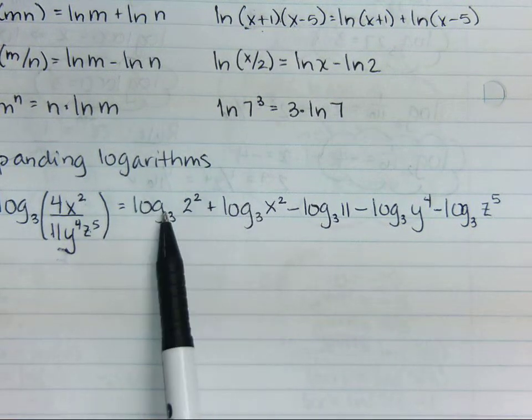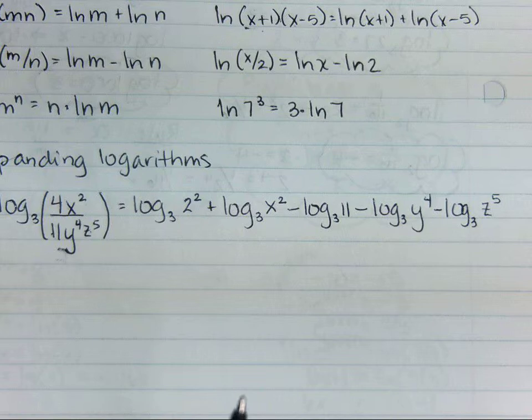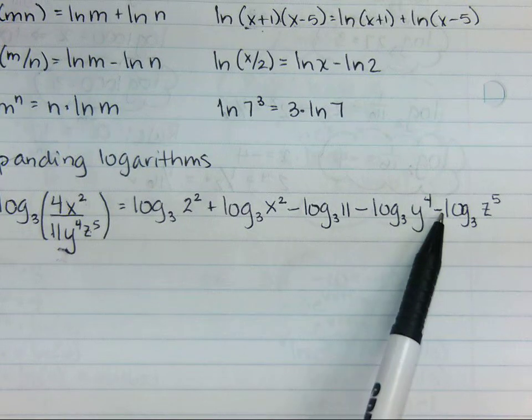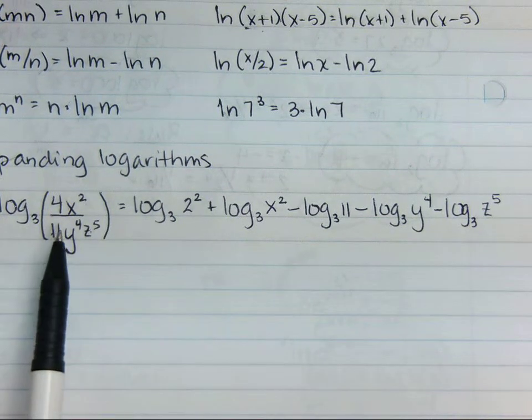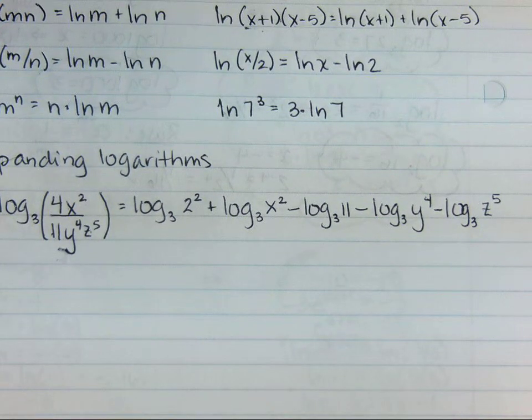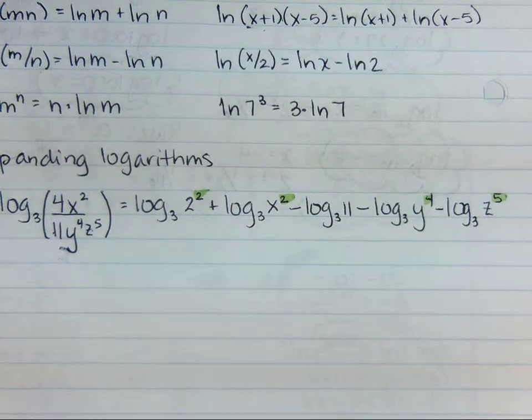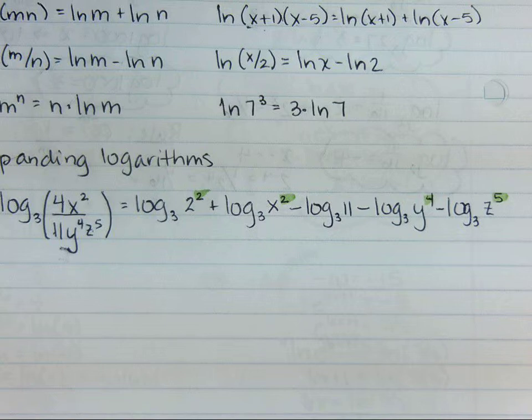So right there, what that's doing is it's using the first two properties. The first property being anything that is being multiplied together could be separated out with an addition sign. And all of these do have addition signs in front of them, but because they are in the denominator, that creates a subtraction sign for the second rule. Now you're not allowed to leave it that way, because anytime you have a power, for all of these powers, you need to bring that as a multiplicative factor out front.